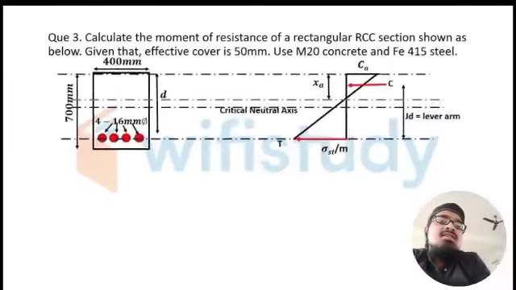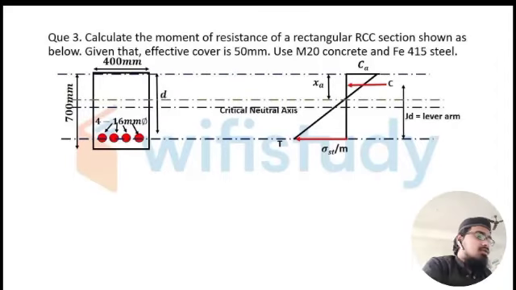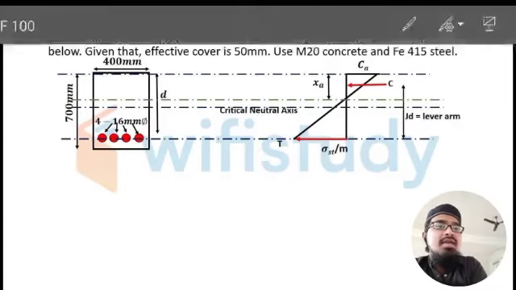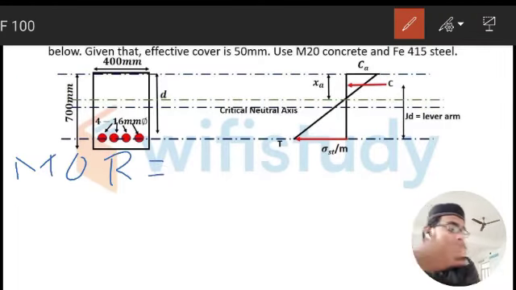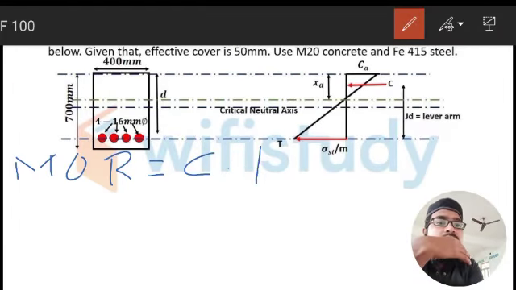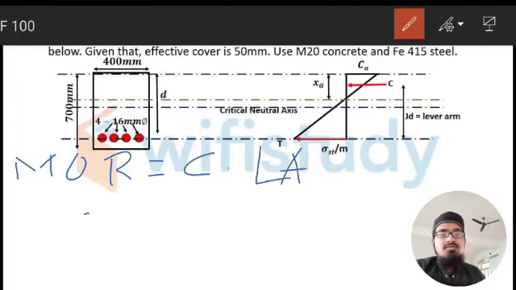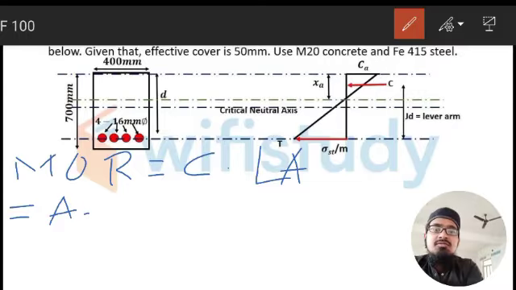What is the formula for moment of resistance? Okay, let me tell you. For finding out the moment of resistance, there is a formula. Let me write here. The moment of resistance is equal to compressive force into lever arm. To find the compressive force, what is the formula for force?